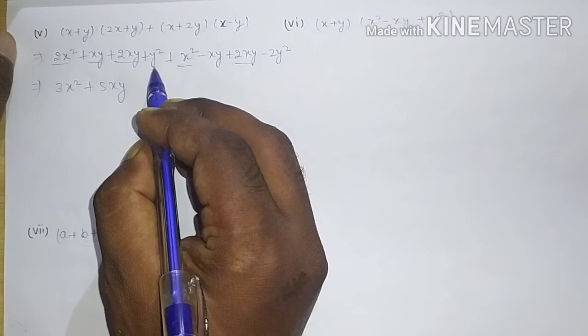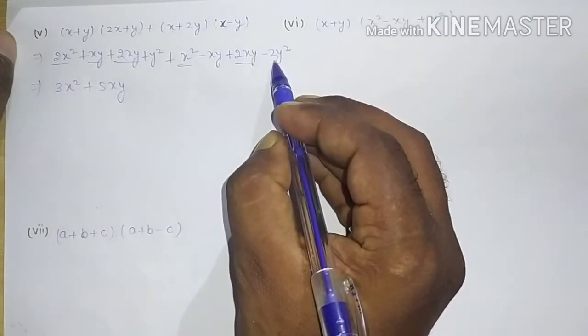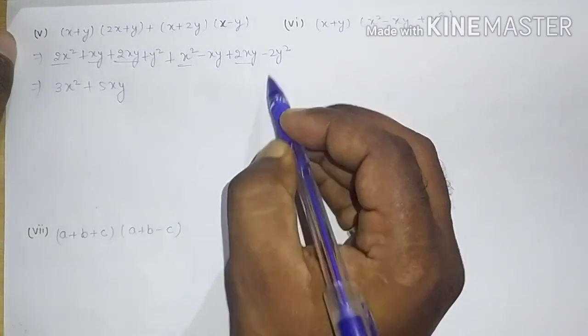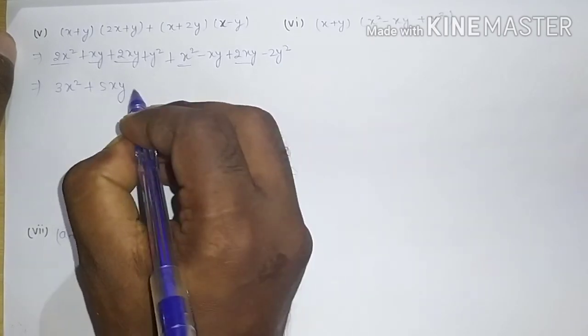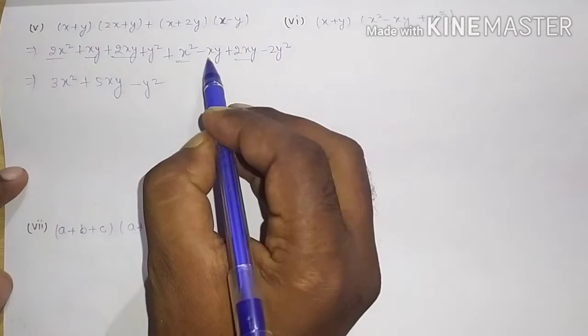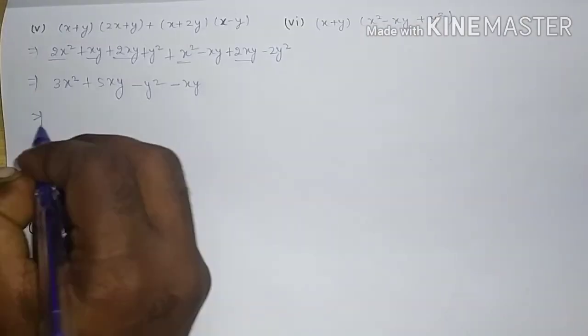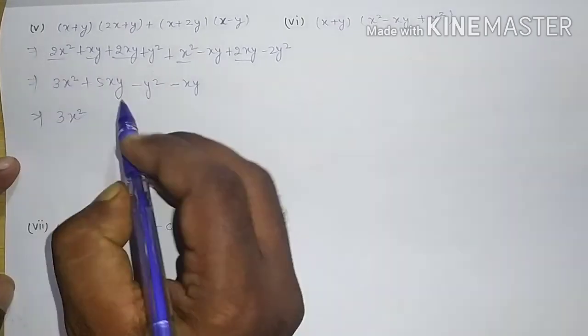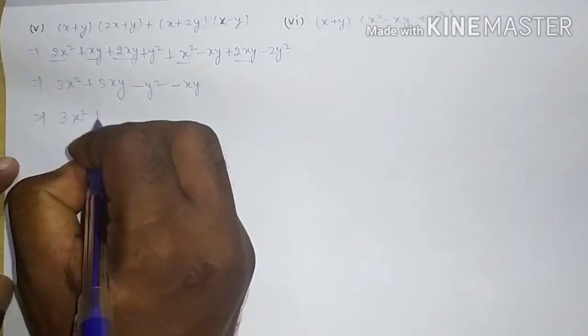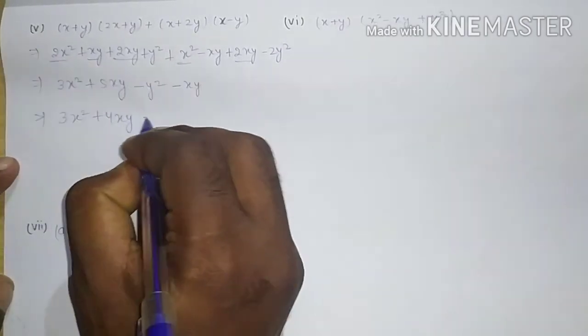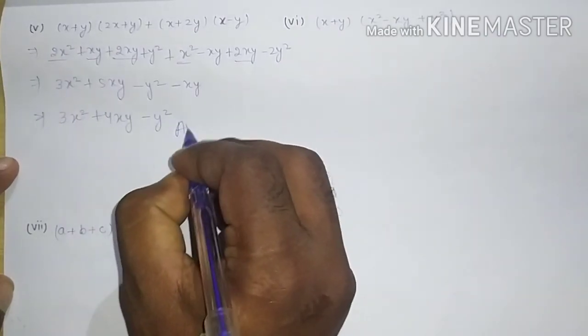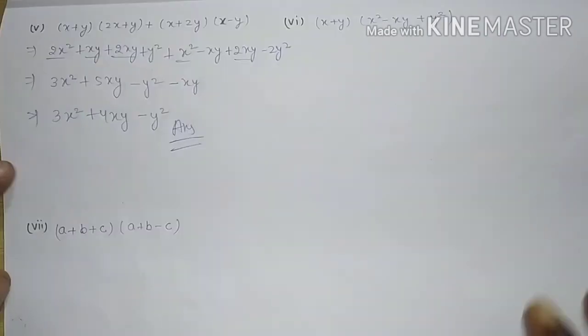Now y square minus 2y square, it will be minus y square, and this minus xy is left here, so minus xy. Now 3x square, 5xy minus xy, it will be 4xy minus y square, and this is the answer. It's very simple.